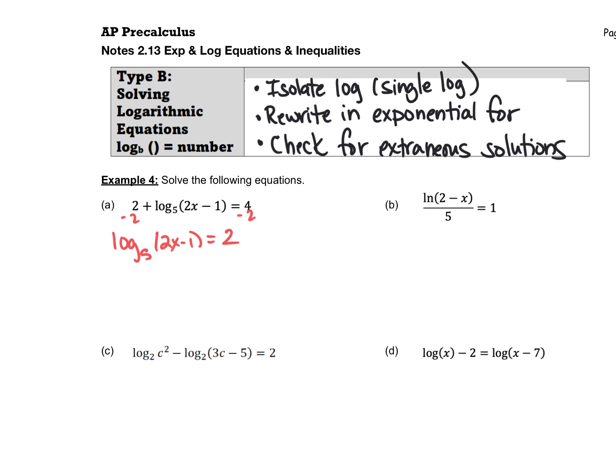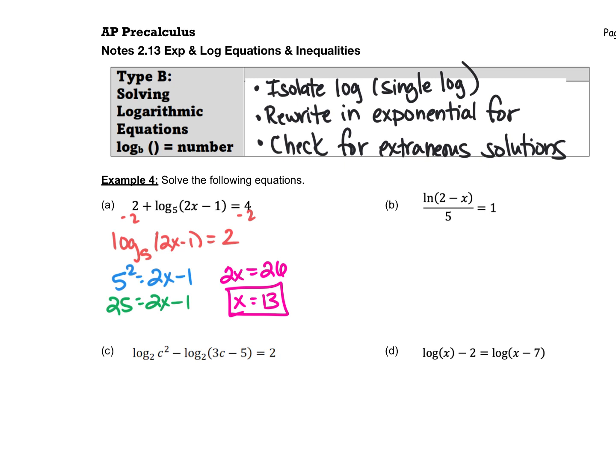What would I do? 5 squared equals 2x minus 1. How much is 5 squared? 25. And then we solve for x. So 2x would equal 26. X is 13. Check it.